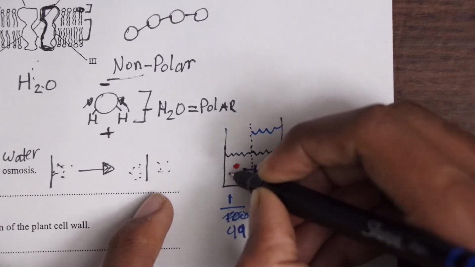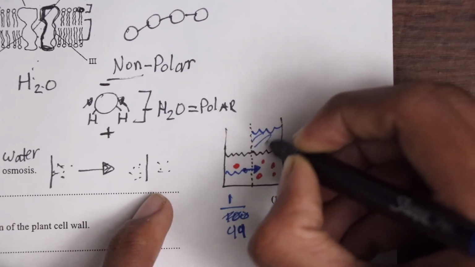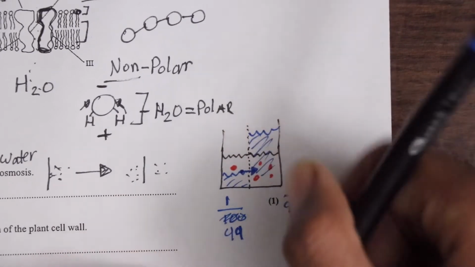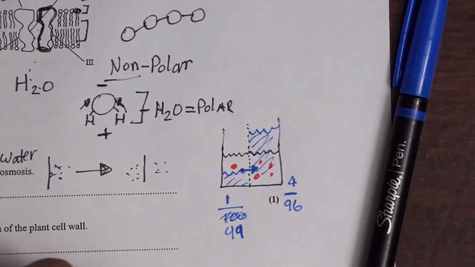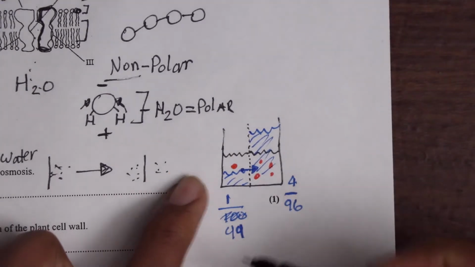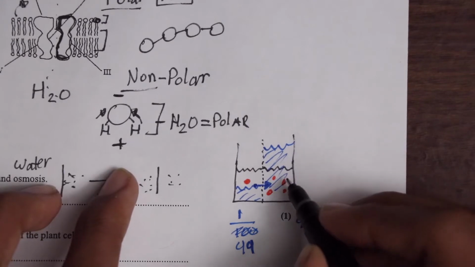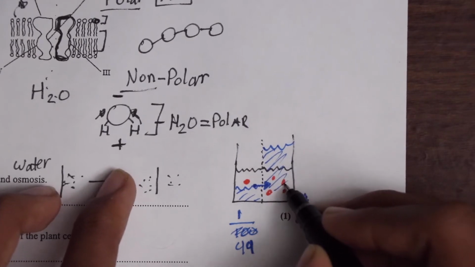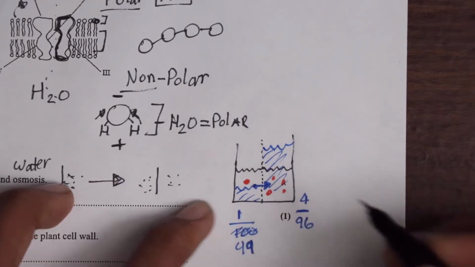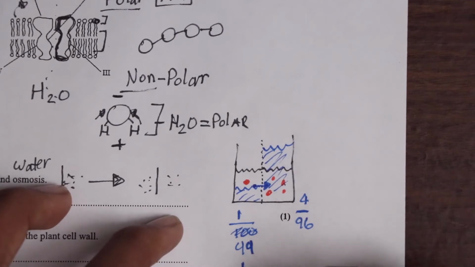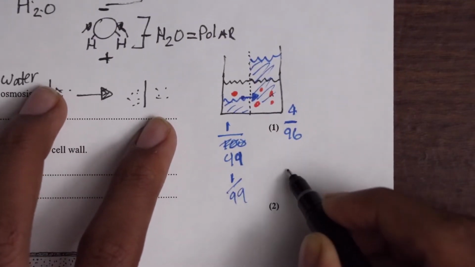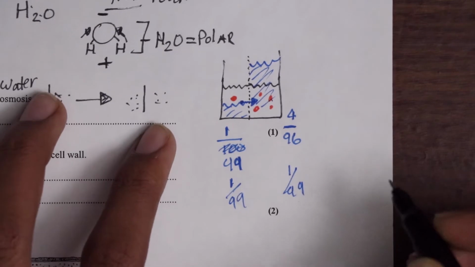And this is going to fill up, and this is going to get a little less, because the water wants to go equalized. So the percentage of water to solute here should be about the same as here. So it'll be like more of 1 to 99 and like 1 to 99 here.